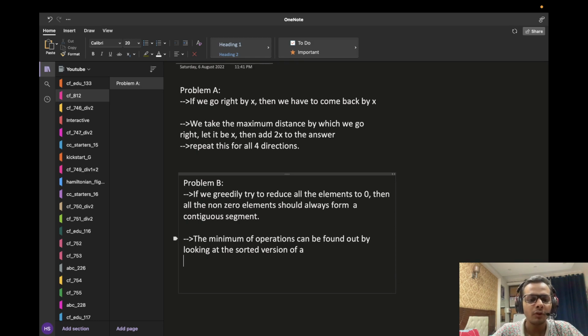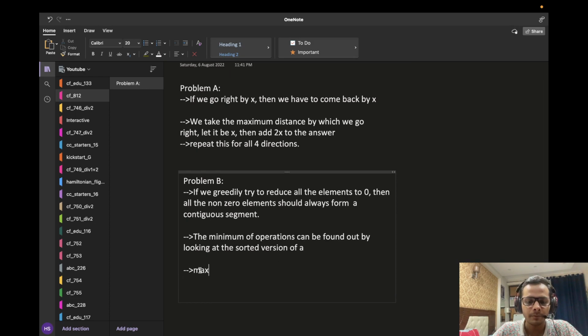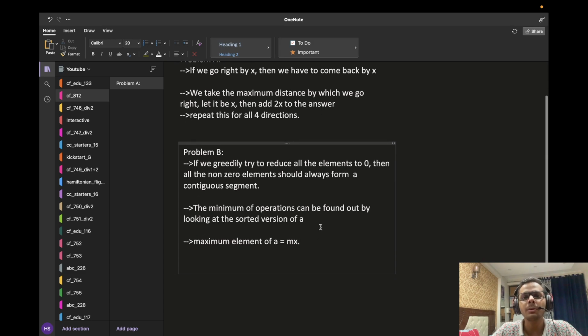So the minimum number of operations required will be there in the sorted version, and that minimum number will be the maximum element of A. The reason being that obviously we need at least these many operations. Let's say this is mx, so we will need at least mx operations, because in every operation the maximum element can decrease by at most 1, so we will need mx operations.